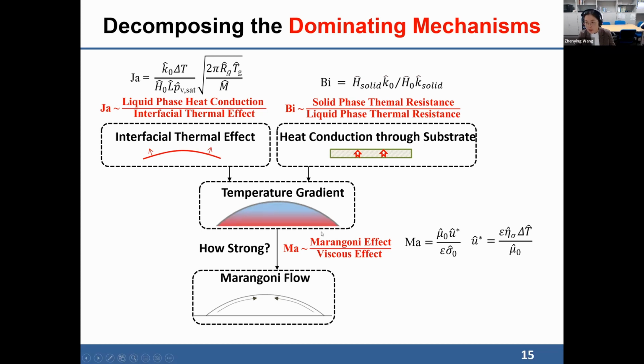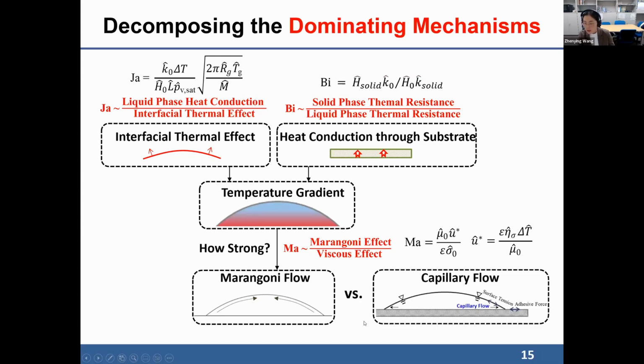So the temperature field along with the liquid viscosity decides the strength of the Marangoni flow. And again, the Marangoni flow in competition with the capillary flow will decide the flow state inside the droplet.